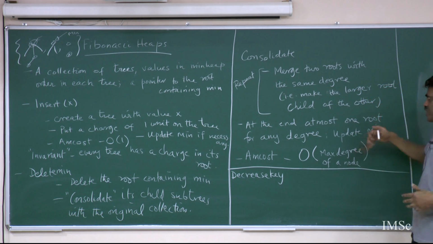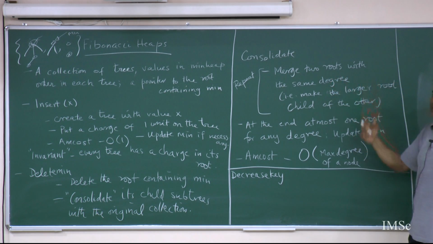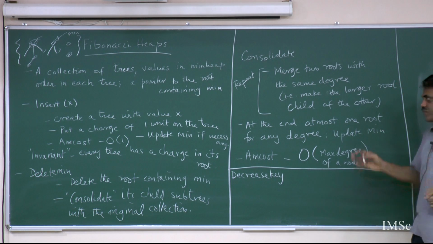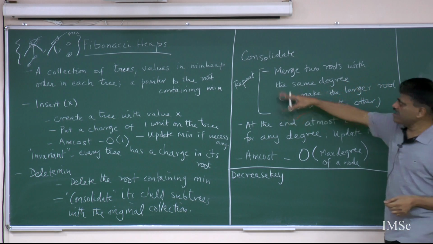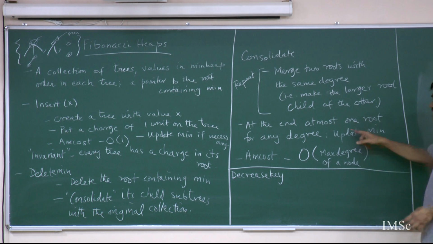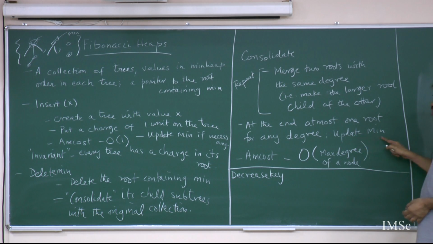What do I mean by merge them? I make one the child of the other. The min heap property tells me which one I should make the child of the other. The larger one becomes the child of the smaller one. That is done in this consolidate step, so that at the end of it we have at most 1 root for any degree, and we will also update the min value.